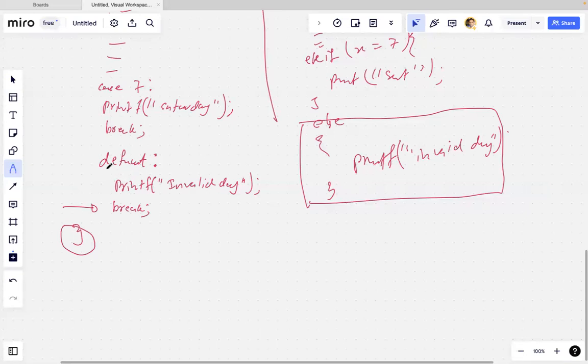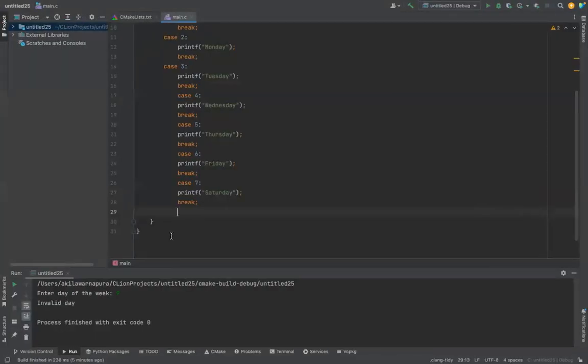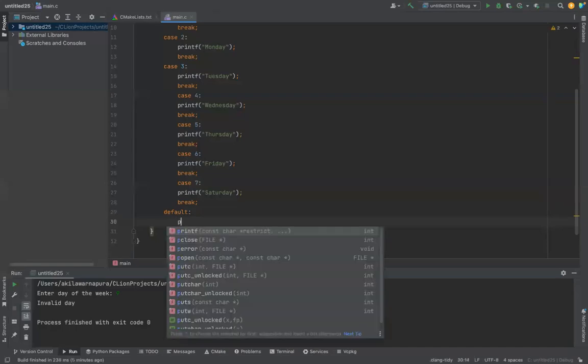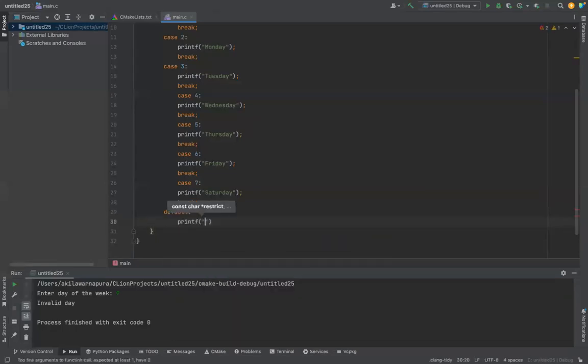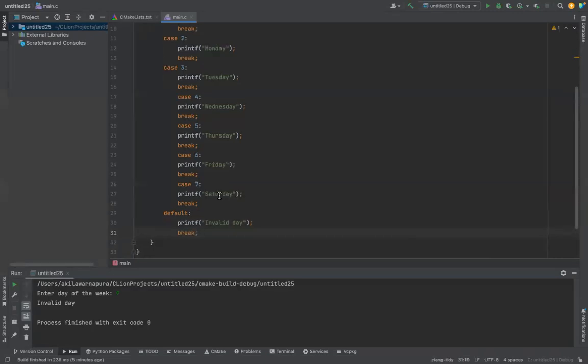That means default, printf invalid day. After that, break. However, this break is optional in the last one, but you can provide it.